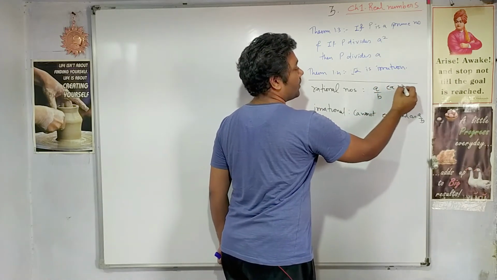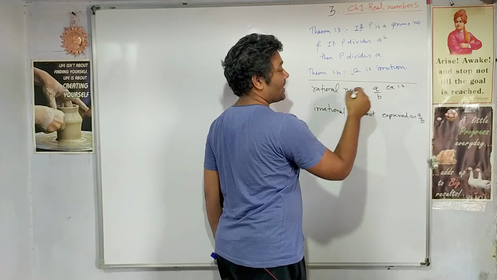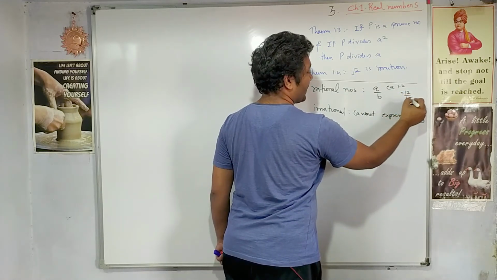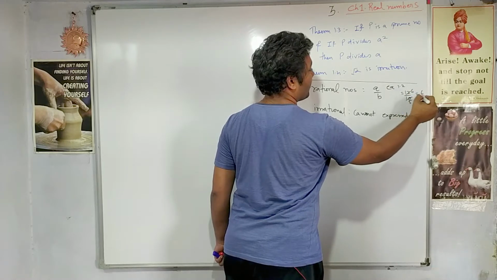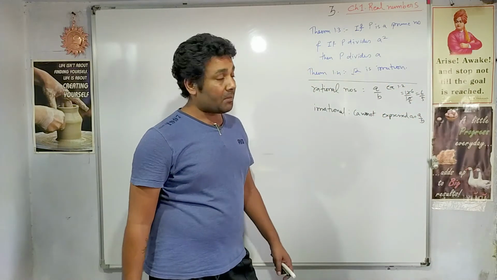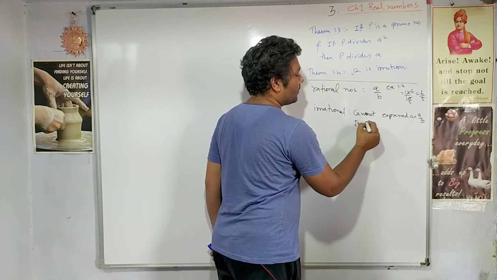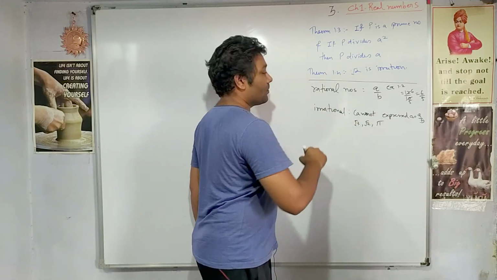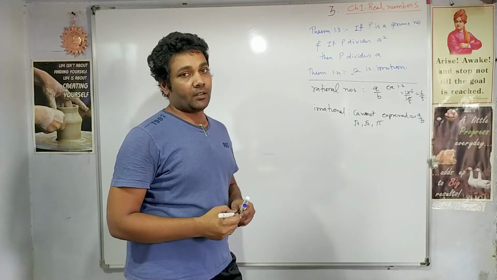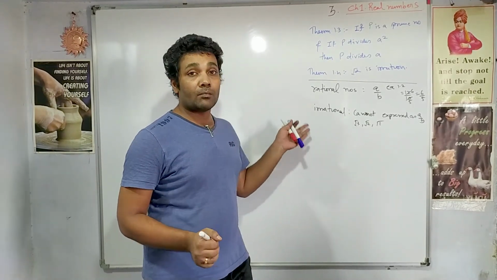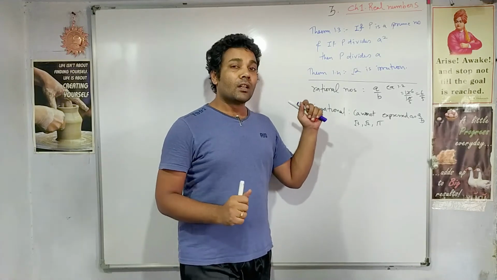You can express it in a by b format: 1.2 is 12 upon 10, and 5 twos are 10, 6 twos are 12, so 6 upon 5. Irrational numbers are, say, root 3, root 2, pi; you cannot express these in a by b format. So this exercise deals with proving that a given number is irrational or rational. Such types of questions we'll have.